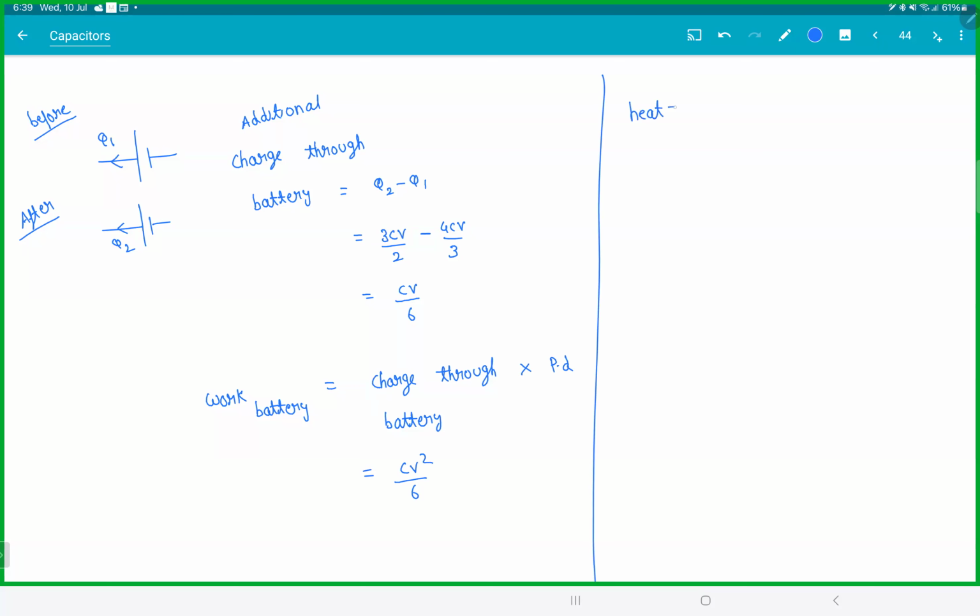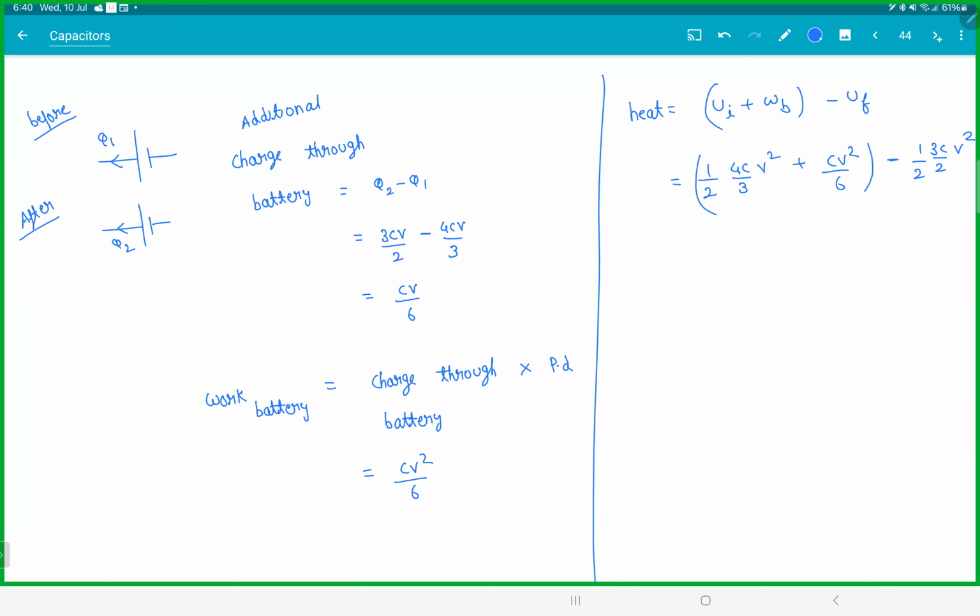So what is the heat produced? Heat produced is your initial energy plus work done by battery minus U final. Initially, the capacitance is 4C by 3, and I can use the half CV square formula with V square. Work done by battery is CV square by 6, minus half C equivalent, which is 3C by 2, V square.